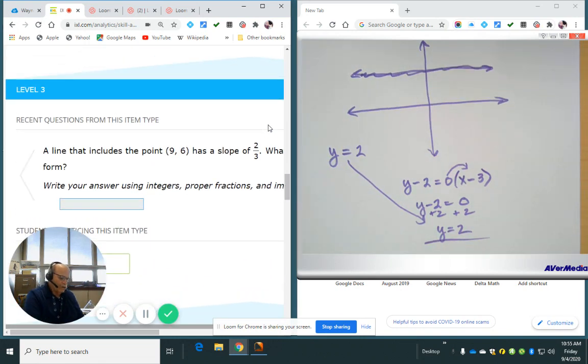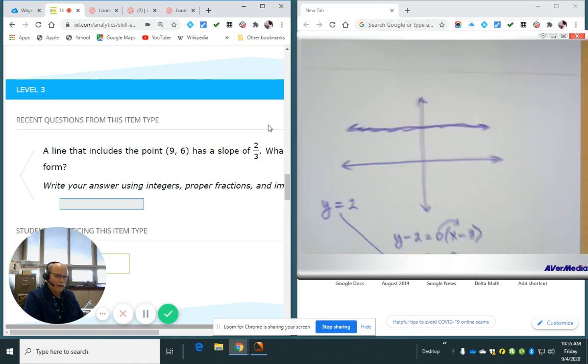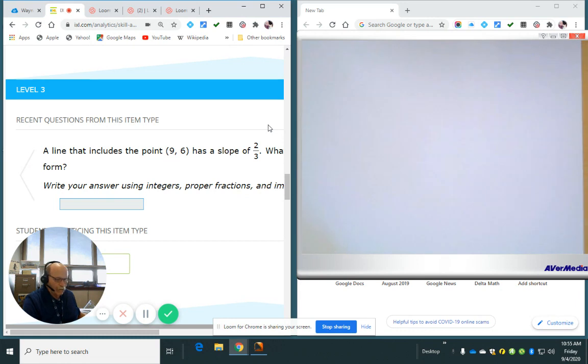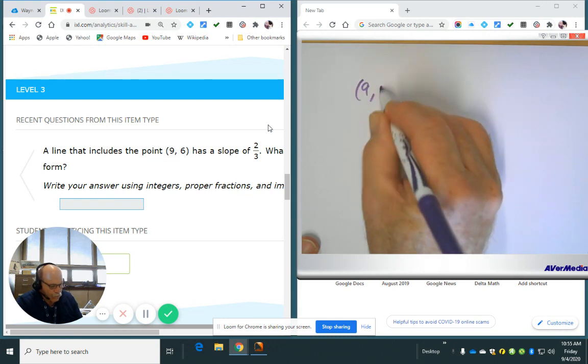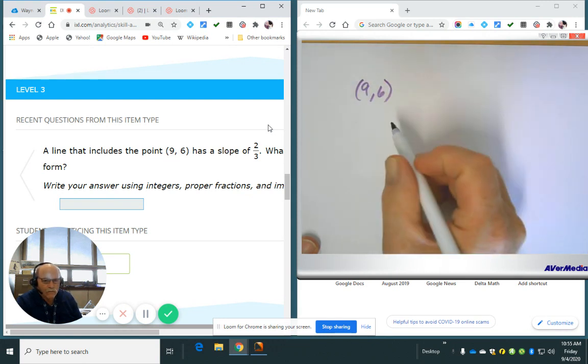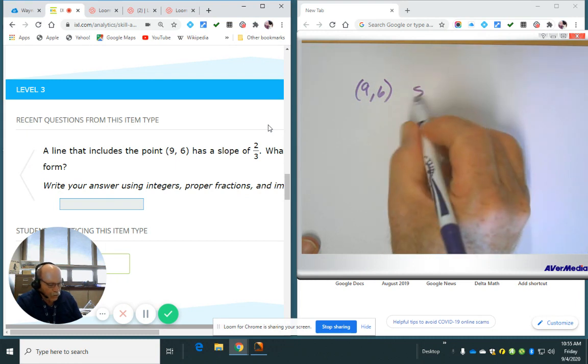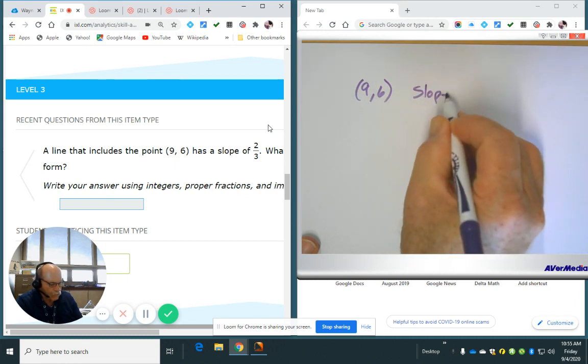Now I'm looking at another one. I've got a line that includes the point (9, 6) and has a slope of 2/3.